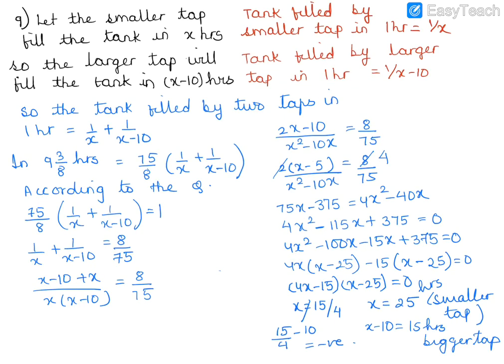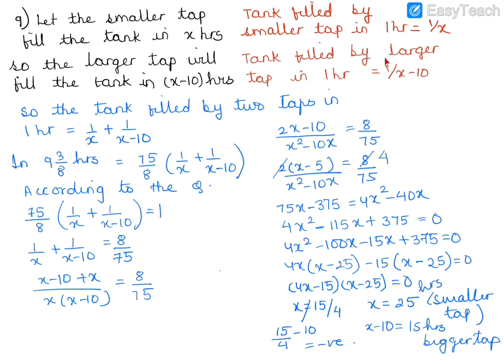The next one, the ninth one, says that we have two taps which fill up the tank. So let the smaller tap fill the tank in x hours. So in 1 hour, it is going to fill 1 by x amount. And let the larger tap take 10 hours less to fill up the tank.